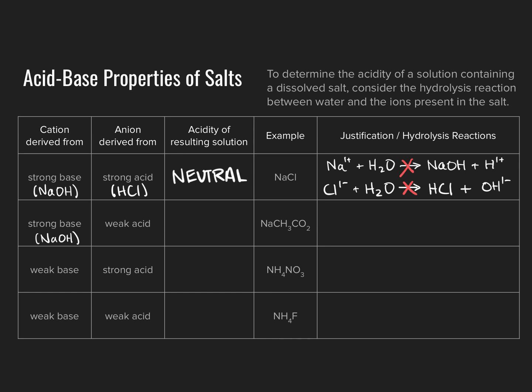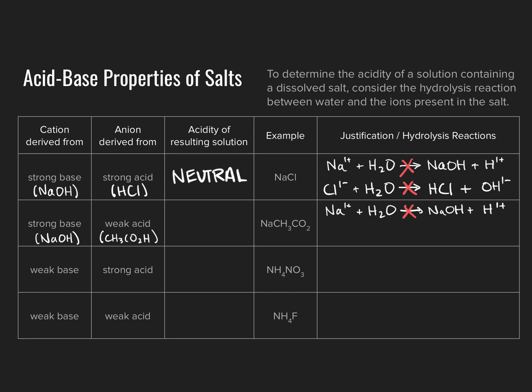And again, that sodium cation will not be able to meaningfully undergo a hydrolysis reaction for the same reason we discussed above. The acetate anion, however, in this system itself is the conjugate base of acetic acid that is a weak acid. And as such, the acetate ion is a relatively strong conjugate base.